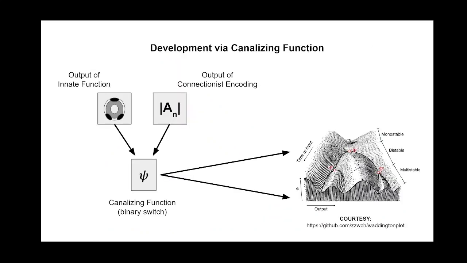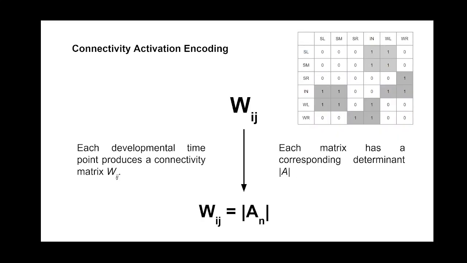Now, we use a canalizing function to also mimic development. We have our embryonic agent, and we have a connectionist encoding, which is something that we can put together into what we call a canalizing function. These models develop through this type of canalizing function where you have branch points at different points in development, and the models can diversify in different ways and have a flexible function.